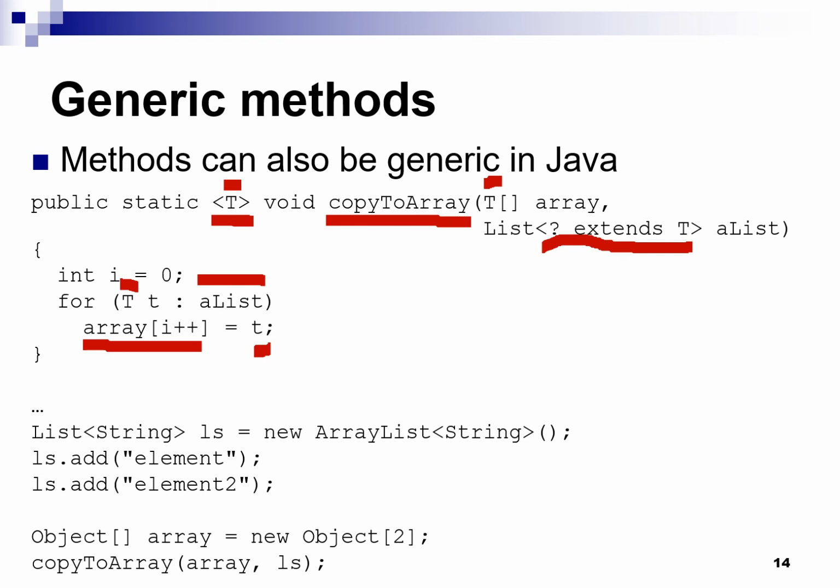Well, I can declare here an ArrayList of String, add some elements into the list, and then I can declare here an array of Object. Calling this method is okay because at runtime T will be Object, and this type here will be String. That satisfies this requirement because a String extends Object.